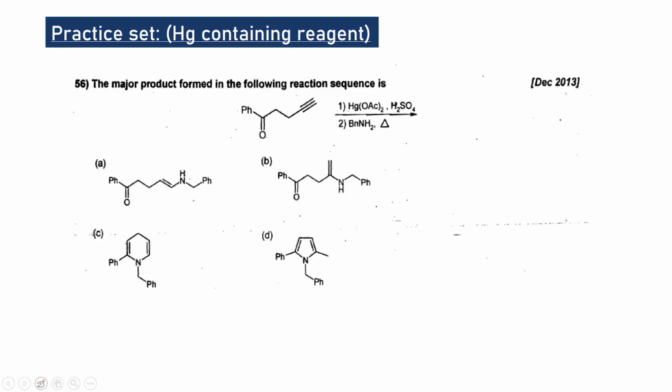As we have seen from the mechanism, this triple bond will form a mercury cyclic intermediate with the mercuric acetate.